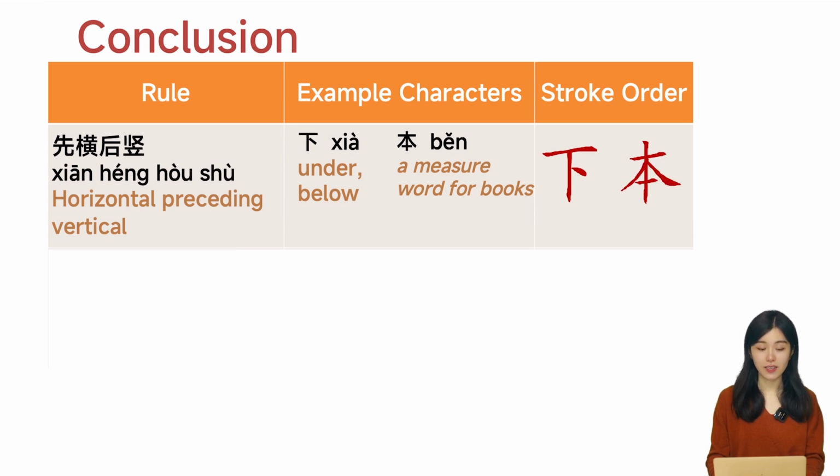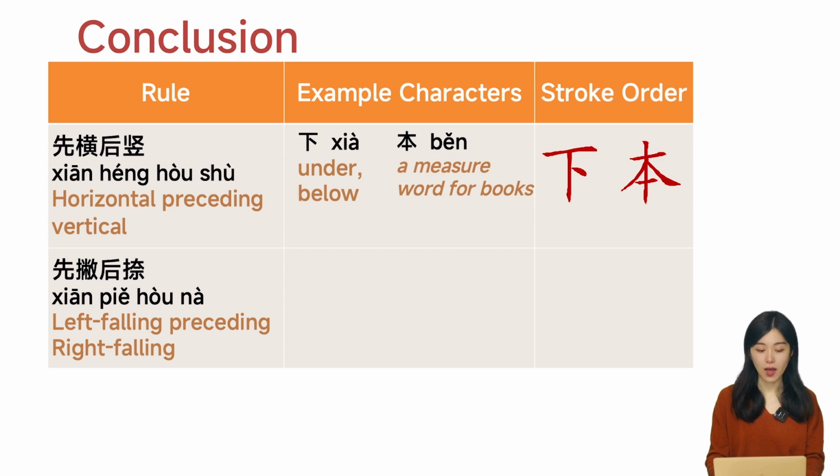Okay, great. Next rule. 先撇后捺, Left falling preceding right falling. This means we should first write the left falling and then go to the right falling. See 2 example characters. 末 天. See their stroke orders.